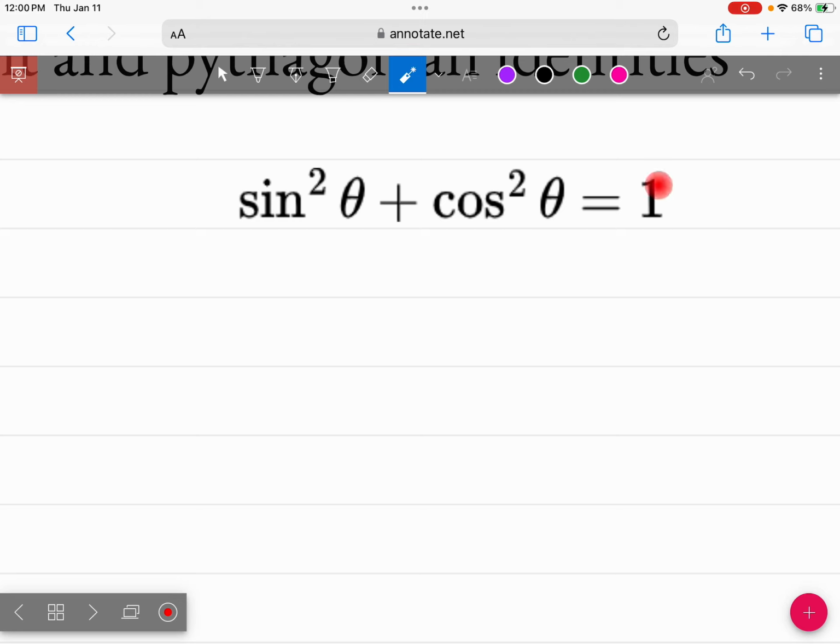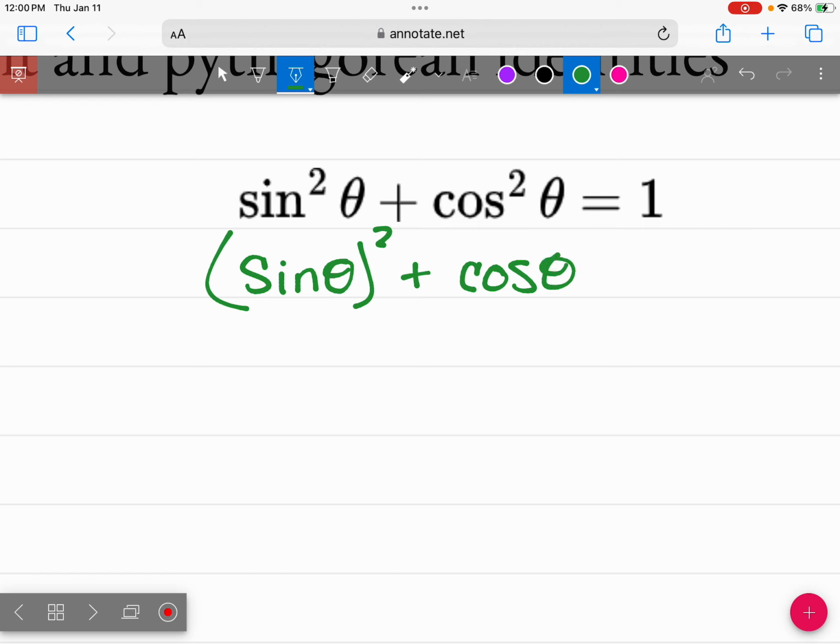This is where the notation I mentioned earlier really comes in. Sine squared theta we can write as sine of theta squared, and cosine squared theta as cosine of theta squared, equaling 1.